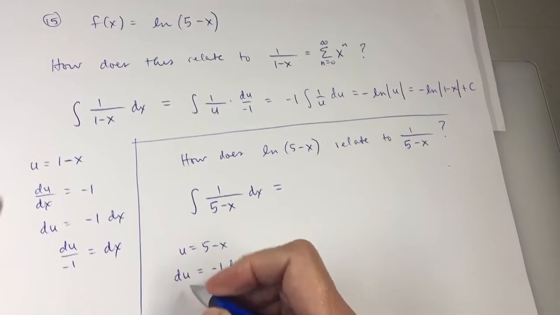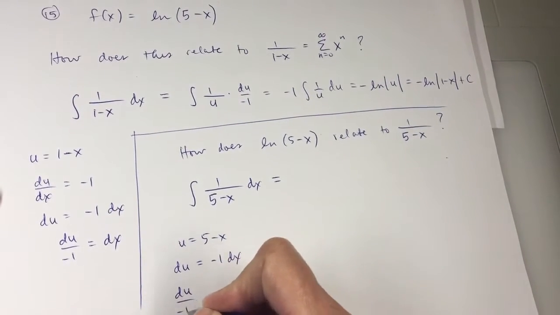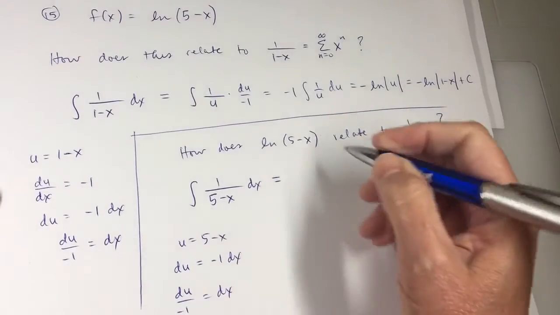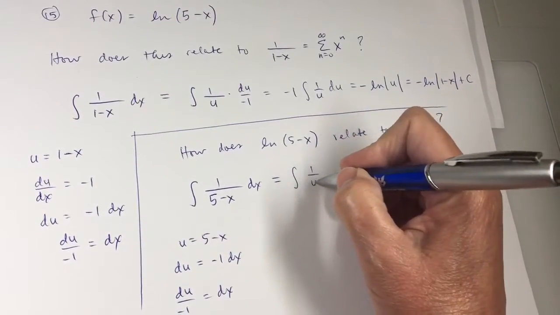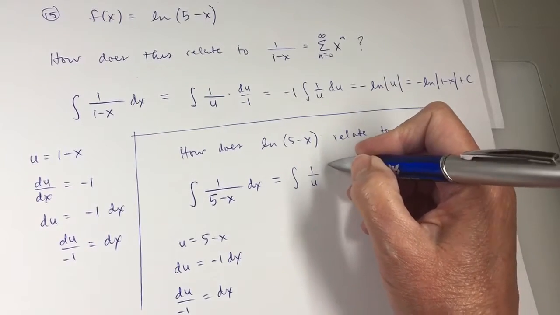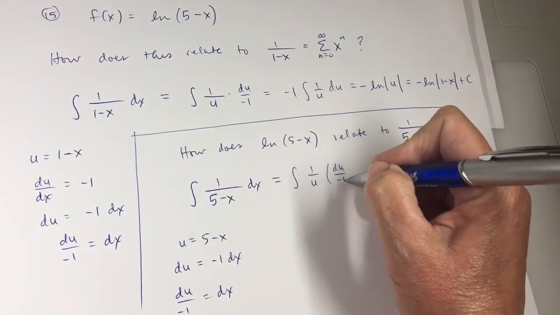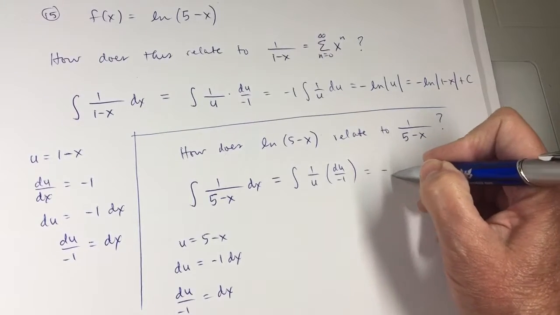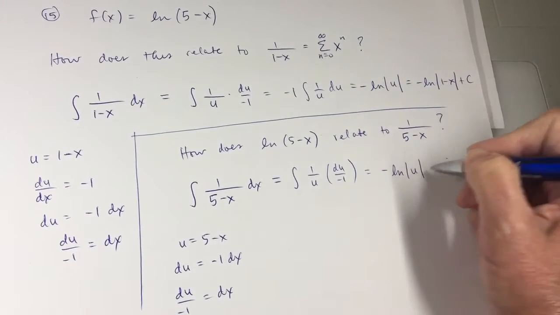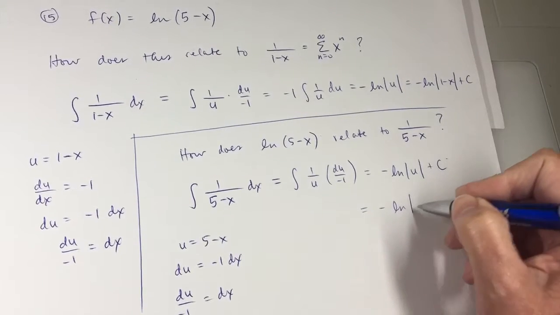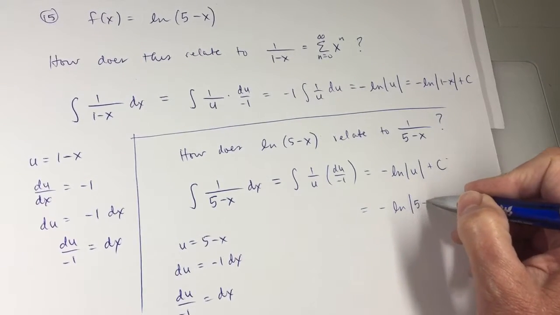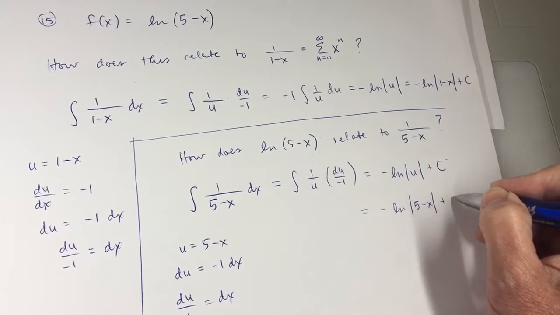So it's very similar to the previous. This would be the integral of 1 over u du over negative 1. So it's going to be negative ln absolute u plus c. So it's negative ln absolute 5 minus x plus c.